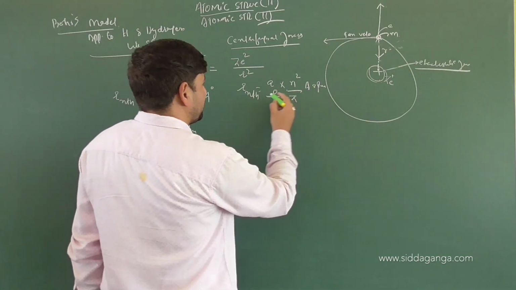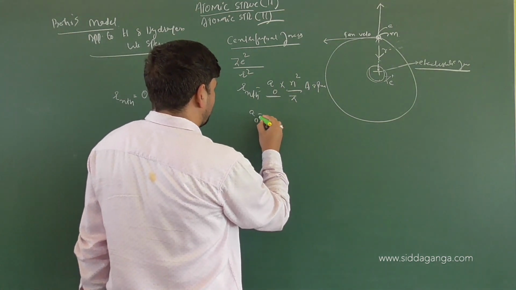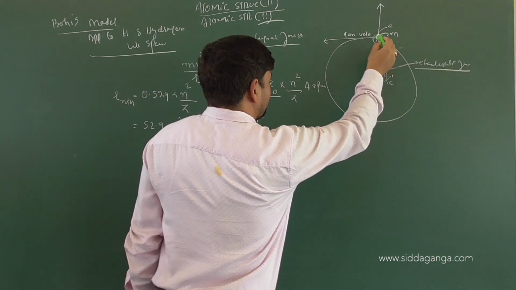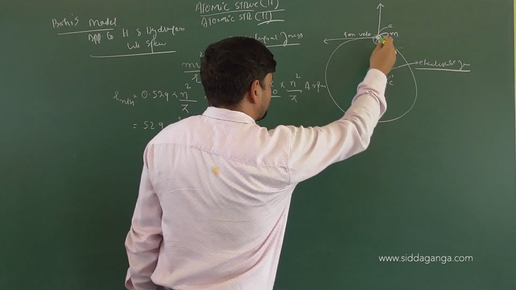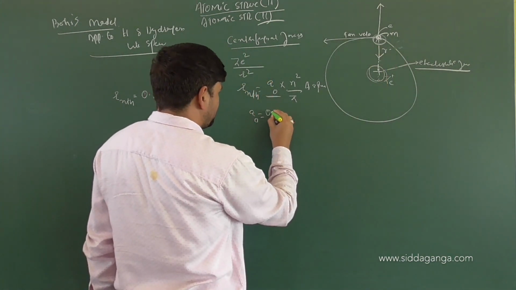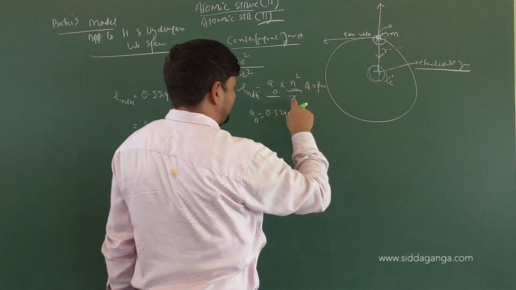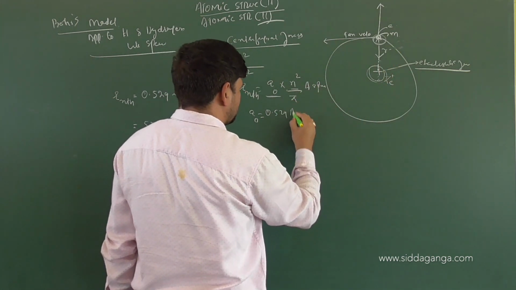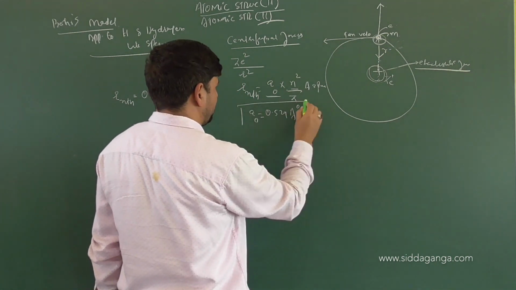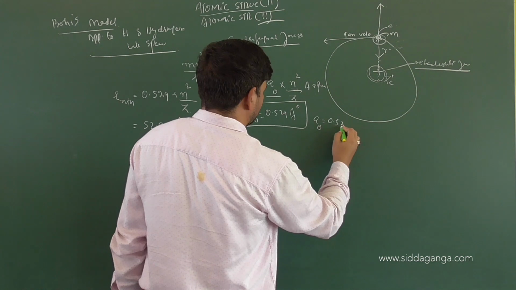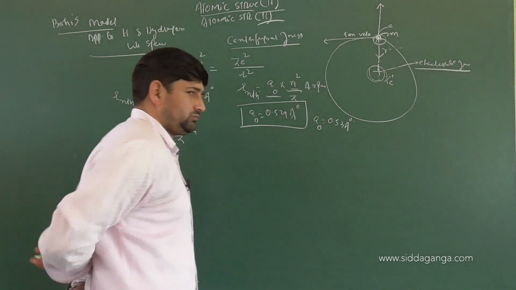So A0 for the hydrogen atom, the ground state where the electron is present from the nucleus, comes to be 0.529. What is the n value for the first shell of hydrogen? 1, and Z for hydrogen is also 1. It comes out to be 0.529 angstroms. In short we write A0 equals 0.53 angstroms.